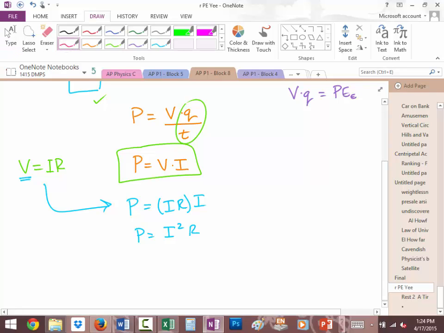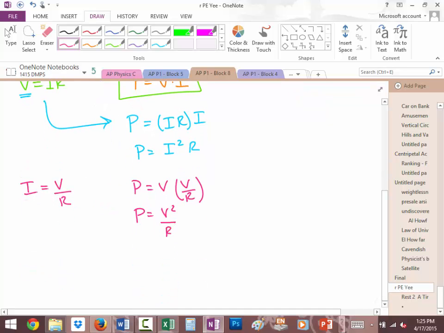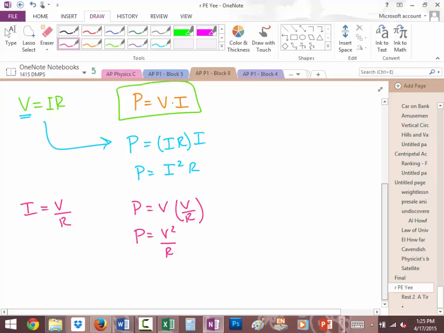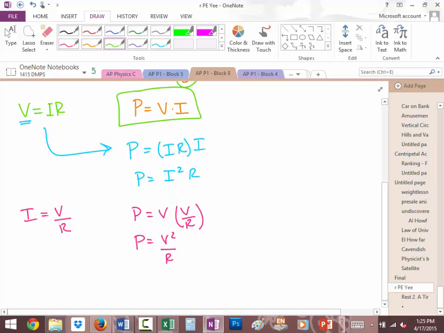You can also write Ohm's law the better way, the way that actually makes sense because you've got cause and effect: V over R is equal to I. If you plug that into the definition equation, then we can say that P is equal to V times V over R. So P is equal to V squared over R. So these three equations are all equivalent.